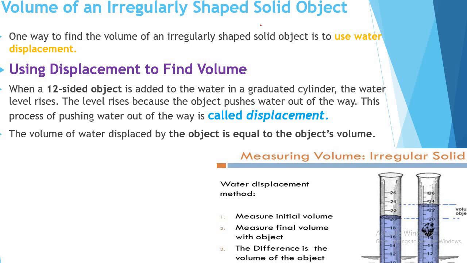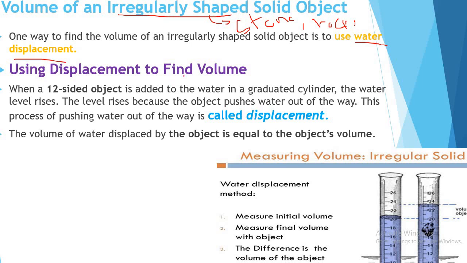If you want to measure an object of irregular shape, like a stone or rocks, we use a process called water displacement.